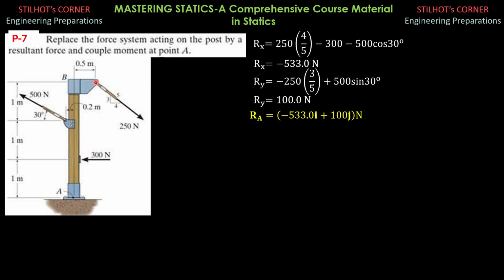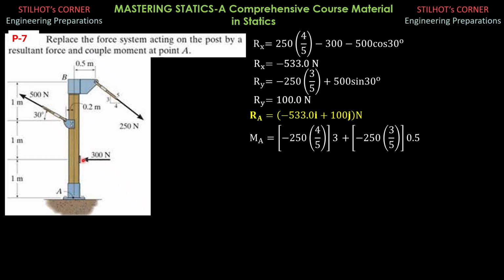The x component of 250 is clockwise, so that's negative. So negative 250 times 4 over 5 times moment arm 3. Then the vertical component going down produces clockwise moment about A also. So it's negative 250 times 3 over 5, and the moment arm is 0.5. So plus negative 250 times 3 over 5 times 0.5.